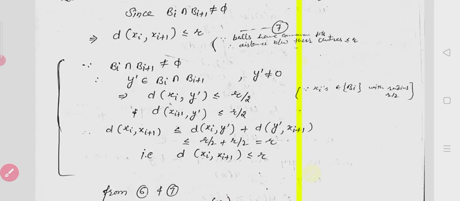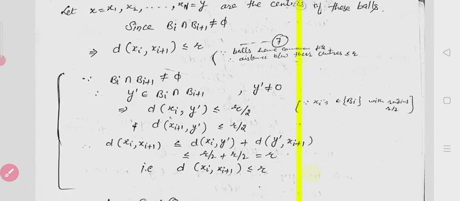So now you can see how the distance between their centers will be less than equal to r. Now you can see here the balls are consecutive, Bi intersection Bi plus 1 is non-empty.